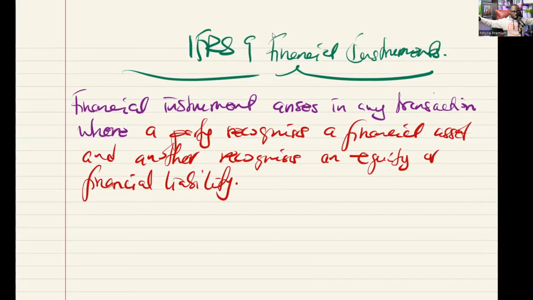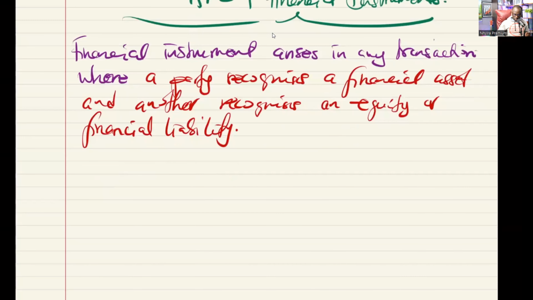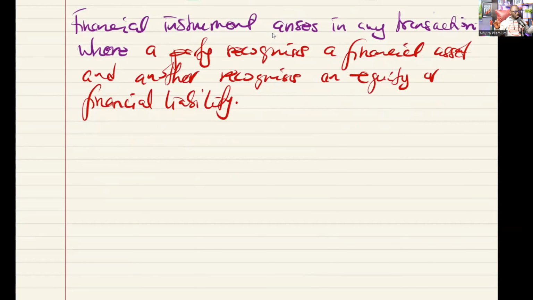Any transaction at all. And we're going to be looking at some of these transactions in a moment for you to understand what is going on. It means that right off the bat, we can classify financial instruments into two categories depending on where we are coming from.